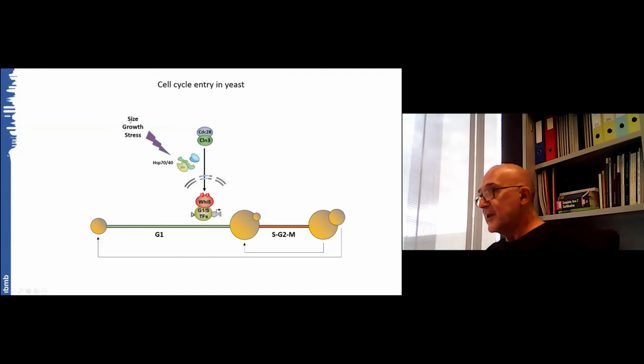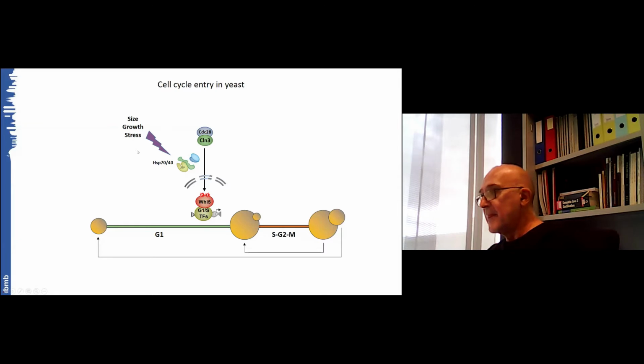Among the connections that we've been able to establish between chaperone availability and physiology, let's say, we work with connections with cell size. In other words, how would chaperone available levels transmit the information to the cell cycle regarding cell size but also growth, and finally stress.